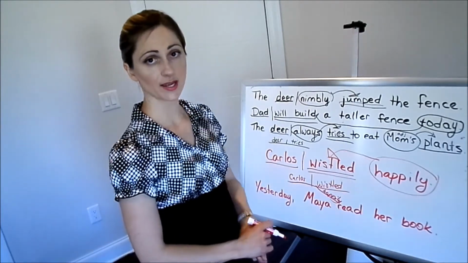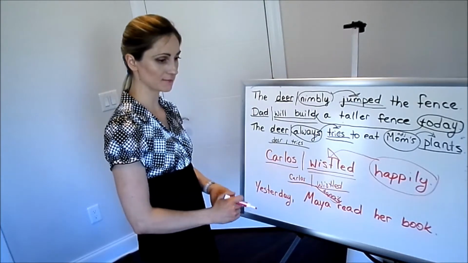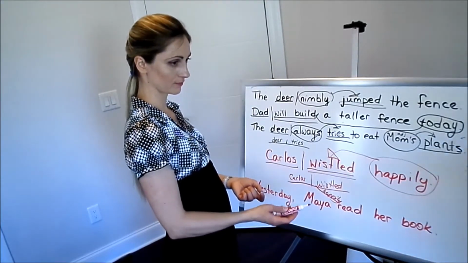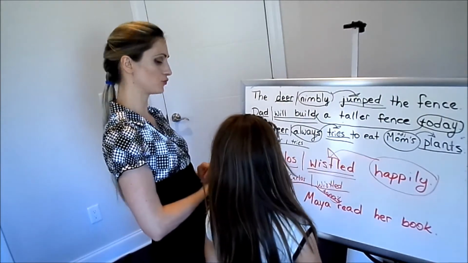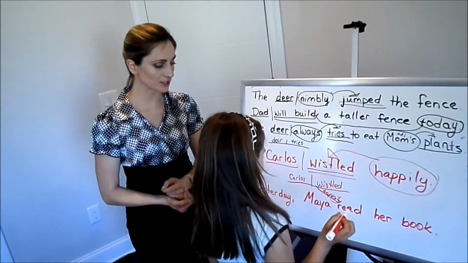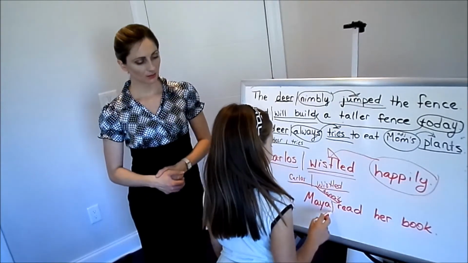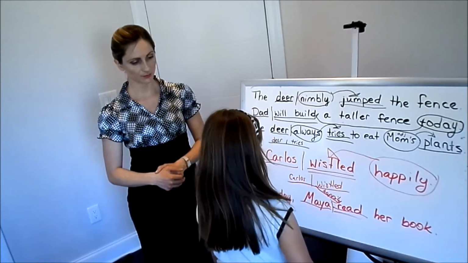All right, next one. Yesterday, Maya read her book. What is our subject? Ksenia? Answer before you write anything. Maya. Maya is your subject. Good. What did Maya do? Read.